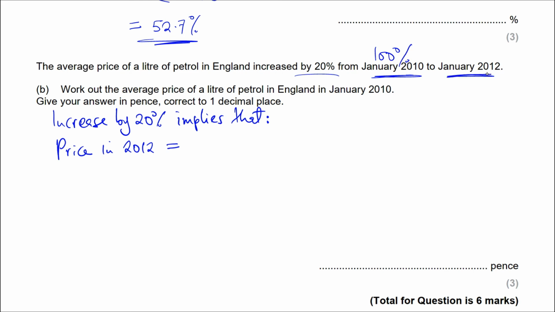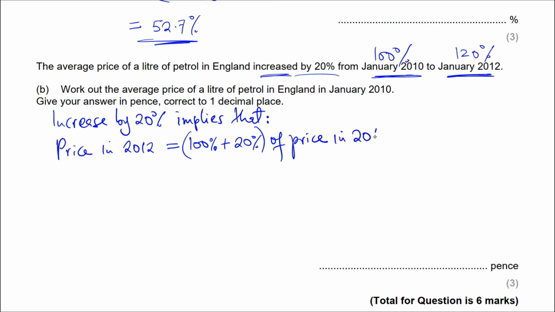If there's an increase of 20%, this will be 120% because you add 20% to 100% because of the increase. So basically that will be equal to 100% plus 20% of the price in 2010.